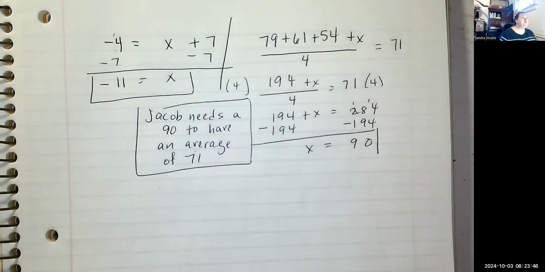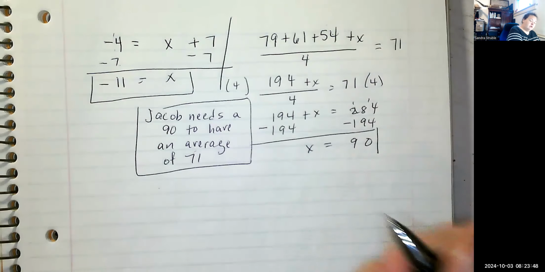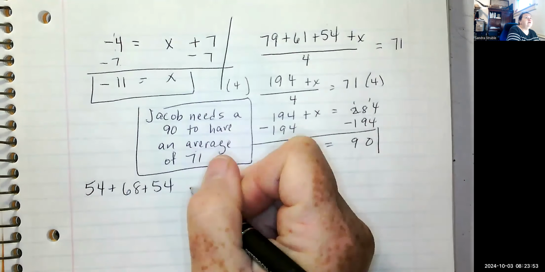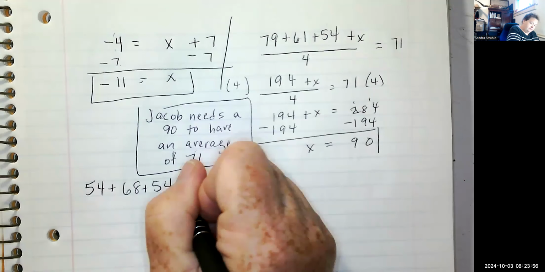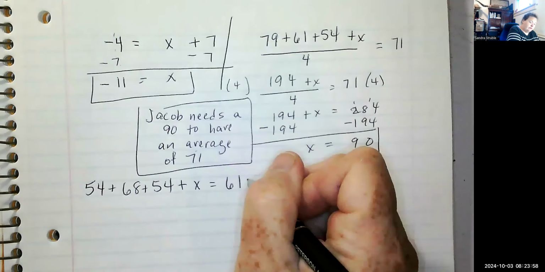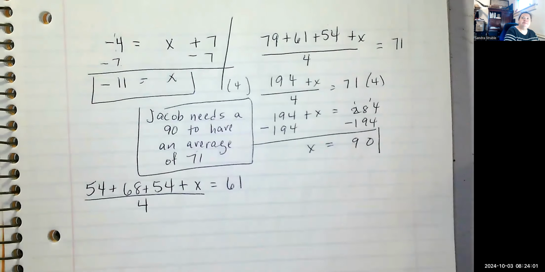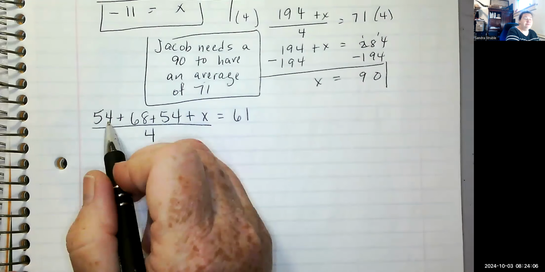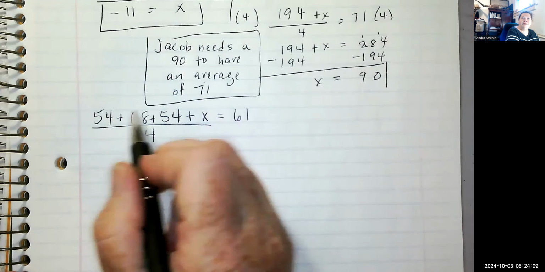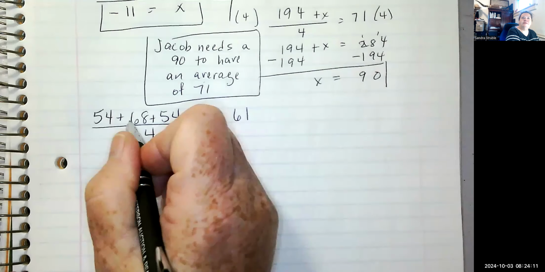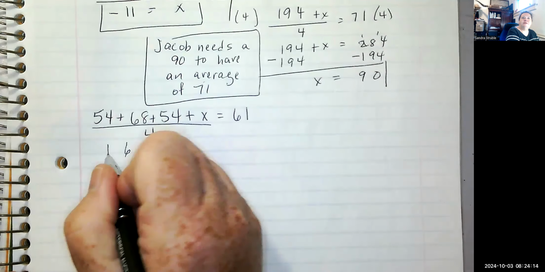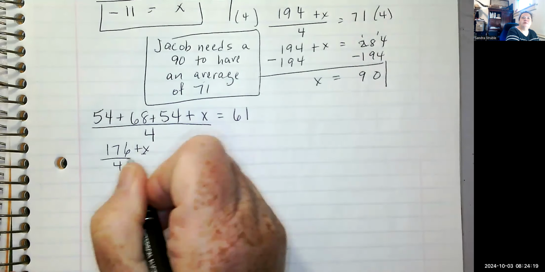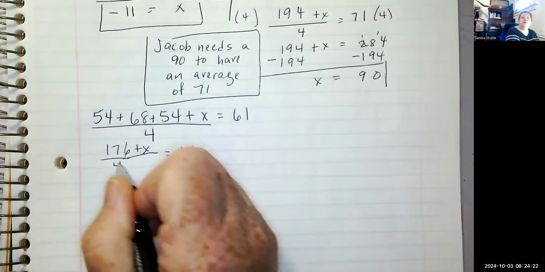Okay. Justin's scores on his first 3 exams are 54, 68, and 54. What must he score on the next exam to score 61 for the average? Same setup. I'm going to add up the numbers in the numerator. Plus X. Multiply both sides by 4.